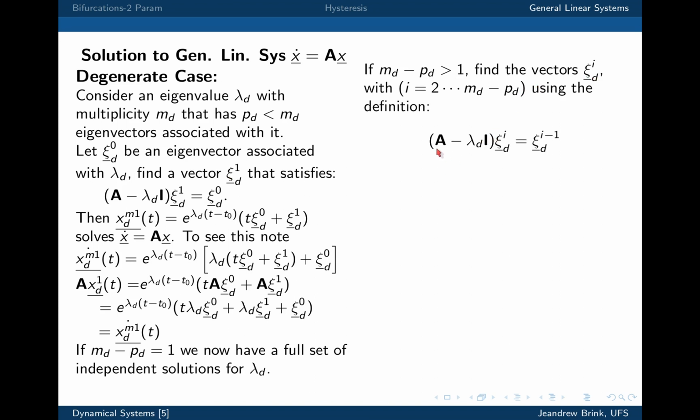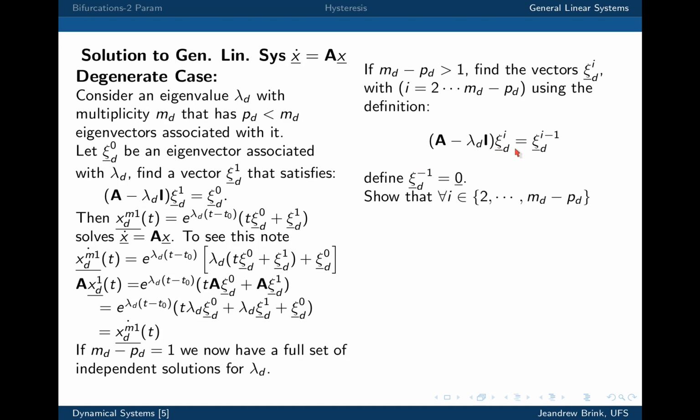So you start with your eigenvector, then you get your next one, C1, that solves this, but is equal to the eigenvector. And if you had to construct C2, you just do the same thing, but you put a C1 in there. So you get the next vector from the previous one. So this is basically a recursive thing.